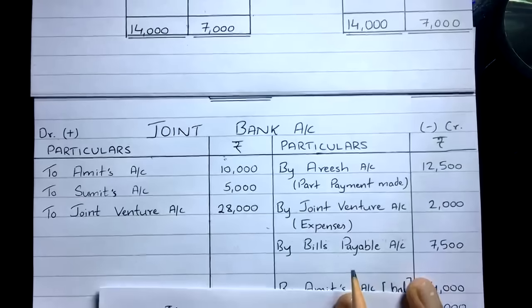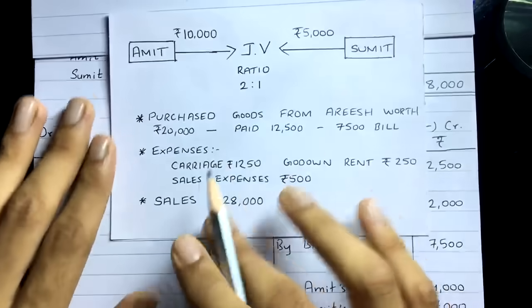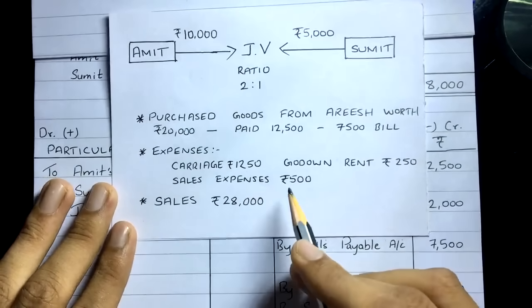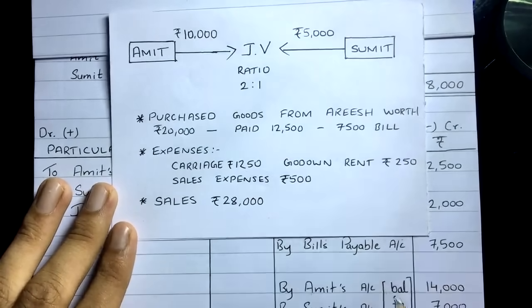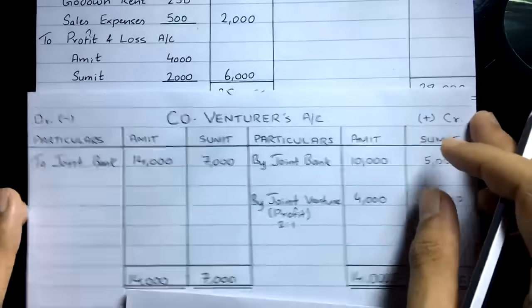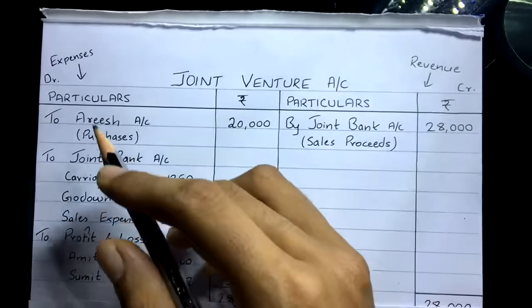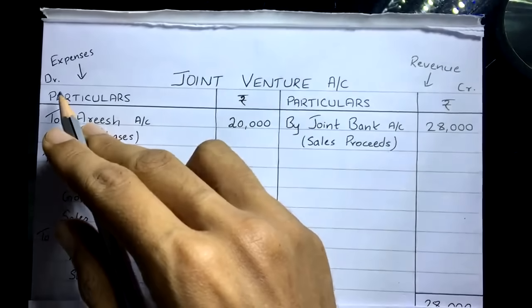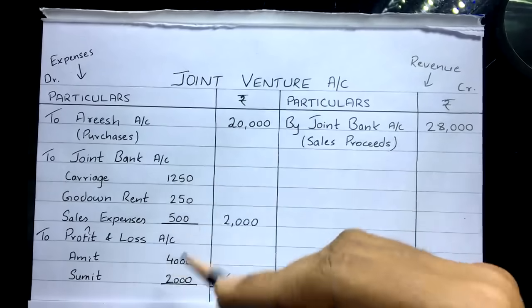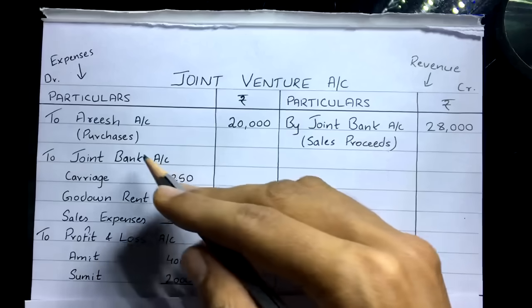And then if you see, there were expenses incurred. The carriage 1250, godown rent 250, and sales expenses 500. Yes, rupees 500. So if expense increases, you have to take it in the joint venture account. If expense increases, you have to debit the joint venture account. Okay, so it will come over here to joint bank account because we are making the payment of all these expenses from the joint bank account.